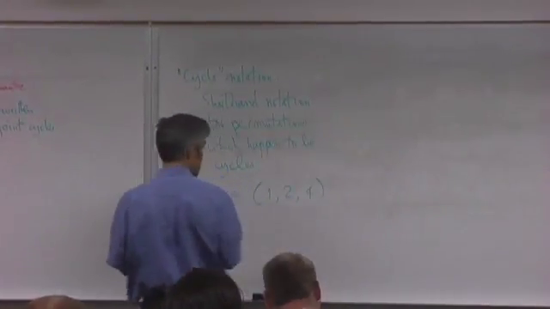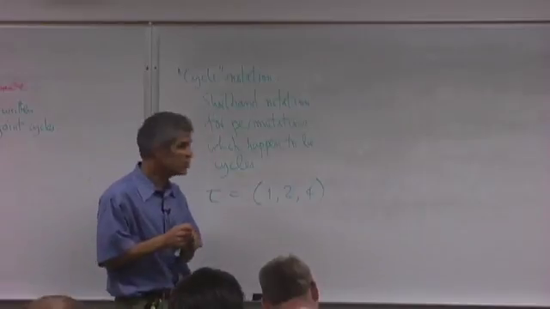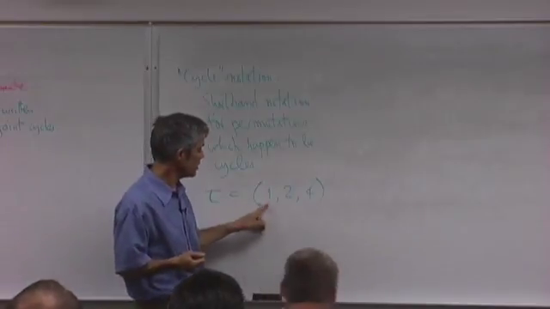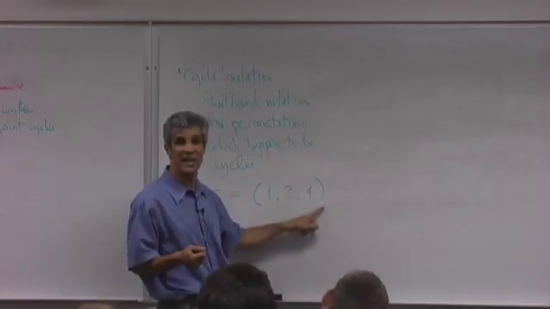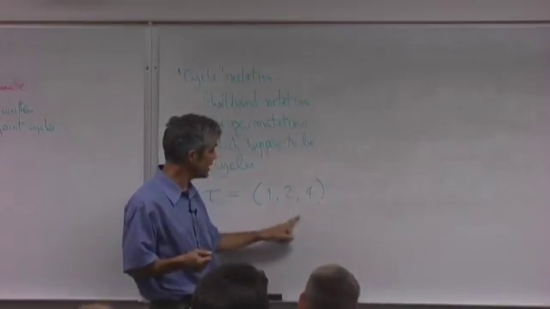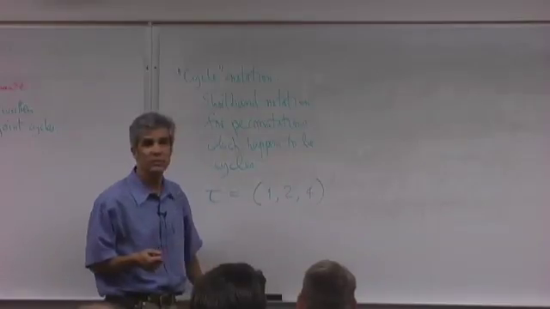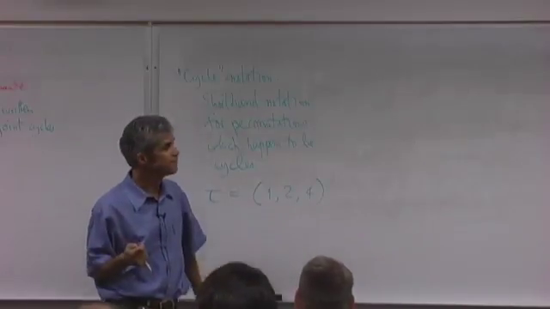Just write that. So the interpretation is this permutation takes the number 1 to the number 2 to the number 4, and since I've gotten to the end of the parentheses here, the understanding is that then 4 goes back to 1. Karen, question?